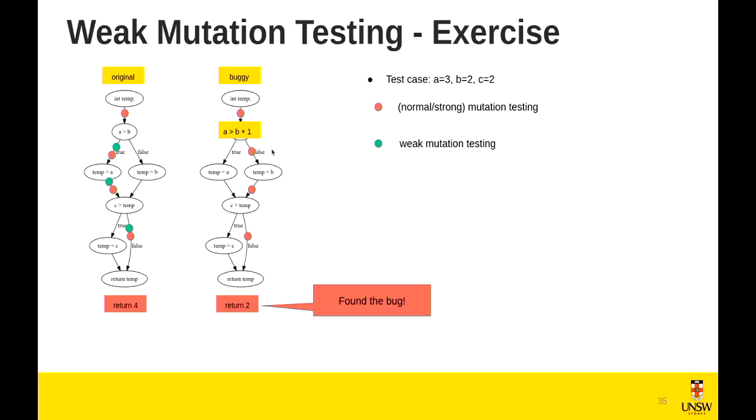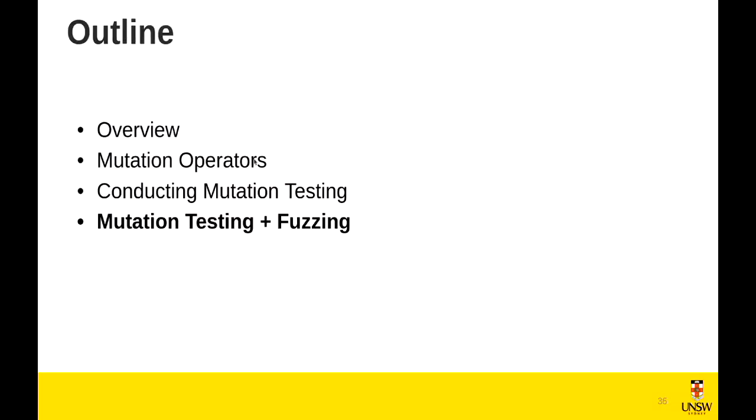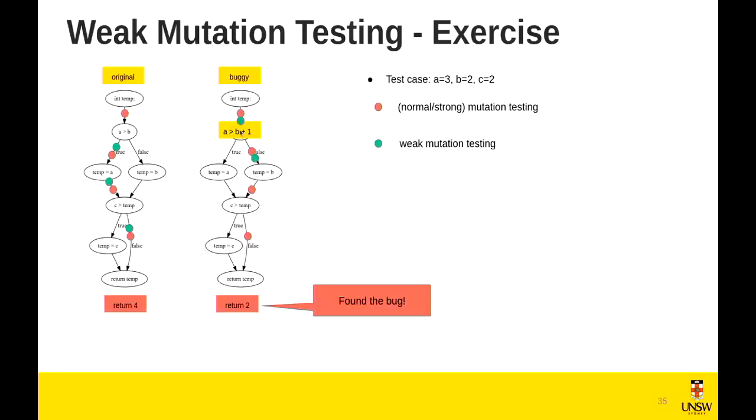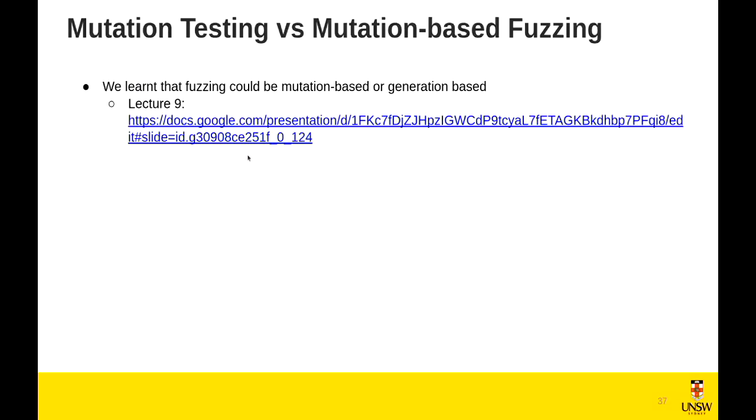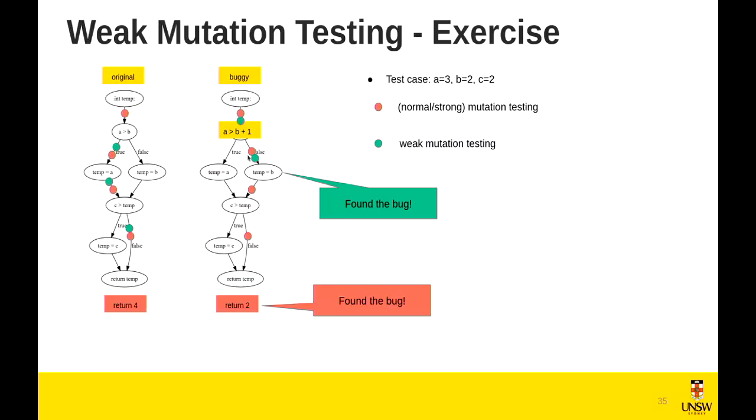For the buggy program, once we have reached this basic block, we will notice that the internal state is changed, because we can track which branch we are taking here.